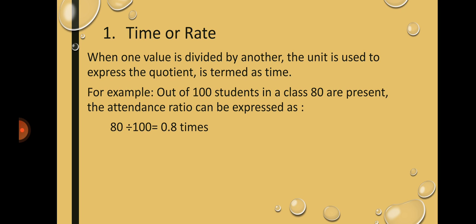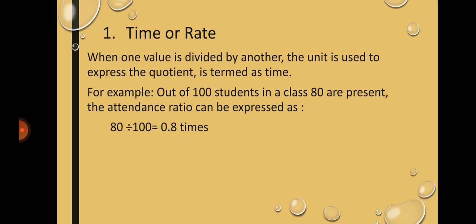When one value is divided by another, the unit used to express the quotient is termed as time. For example, say out of 100 students in a class, 80 are present. The attendance ratio can be found by dividing one value by another.